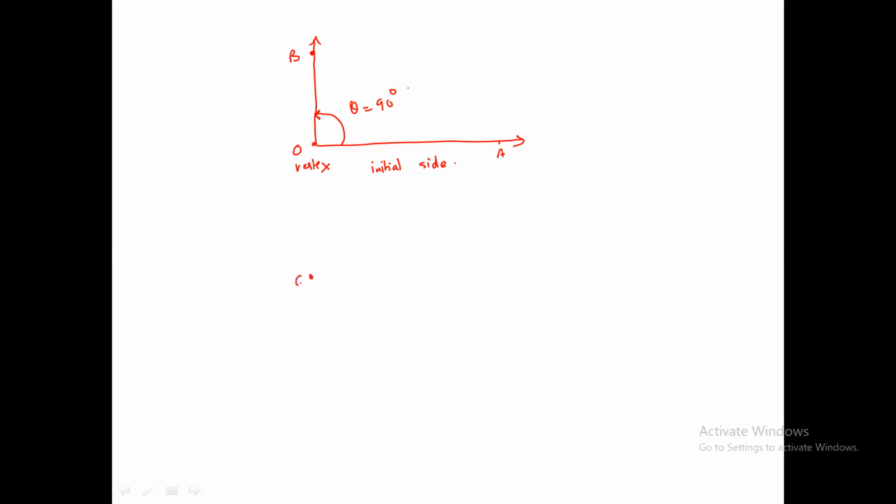Similarly, if I take the vertex O and the initial side OA here, this time I'm rotating a quarter, then half, then 3/4. That means the terminal side OB is here. So 3/4 means 3 into 90, that is 270 degrees. So this is degree measure.